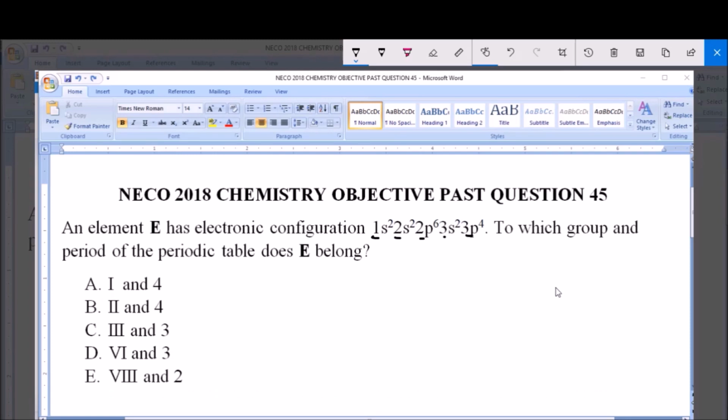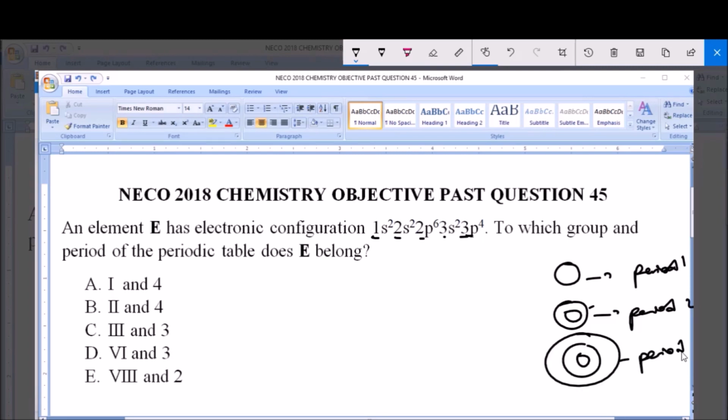What I mean is that if the first shell is the outermost shell, it means this element belongs to period 1. If the second shell is the outermost shell, it simply means that it belongs to period 2. But from this electronic configuration, we have 3 here, meaning that the outermost shell is 3. And so this element belongs to period 3. That is that for the period.